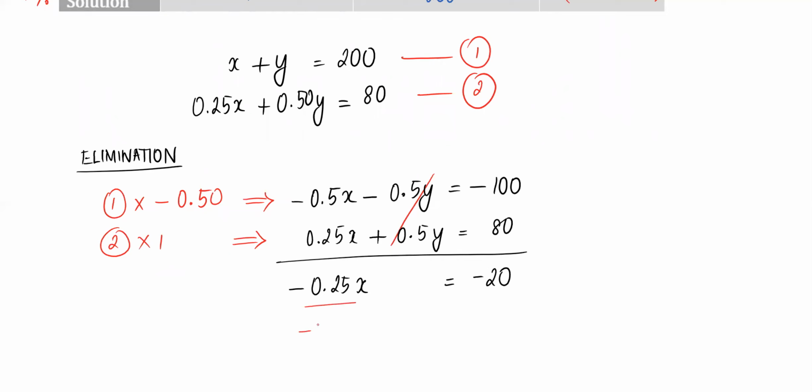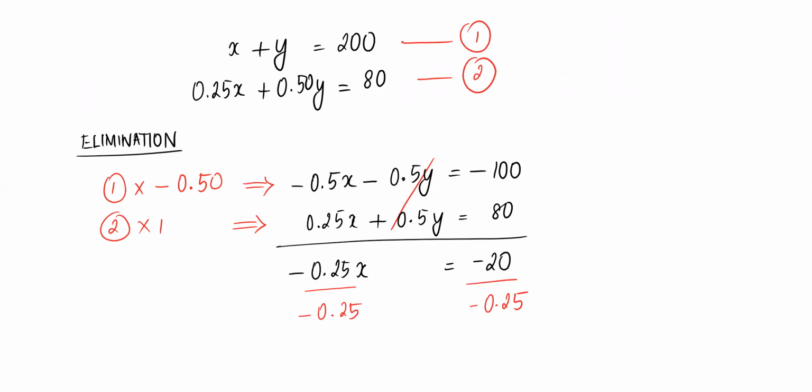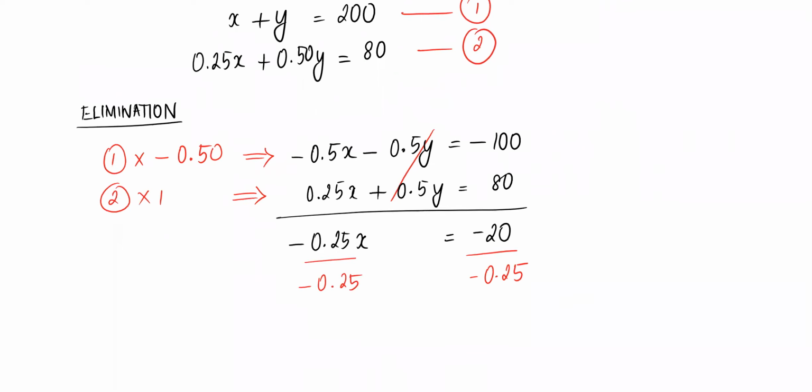Divide both sides by negative 0.25. Now, when you look at the negatives, it should give you a slight jolt to see, hey, I'm talking about the number of milliliters, I'm getting something negative. But you can see that both sides were negative, so right now the negative sign is being taken care of.